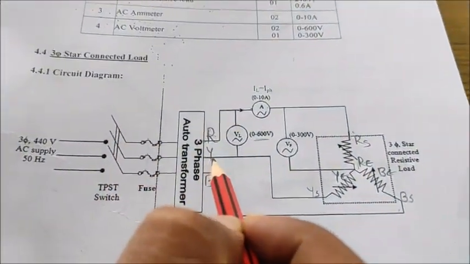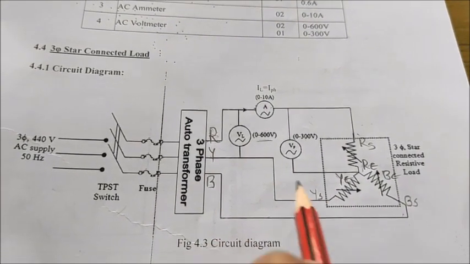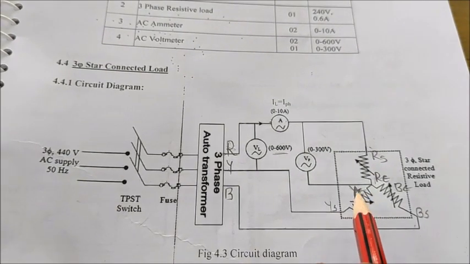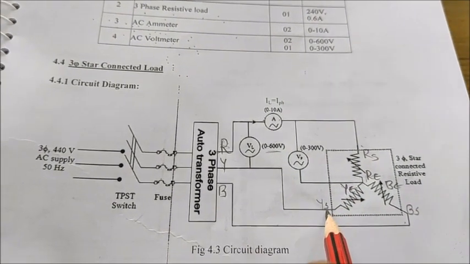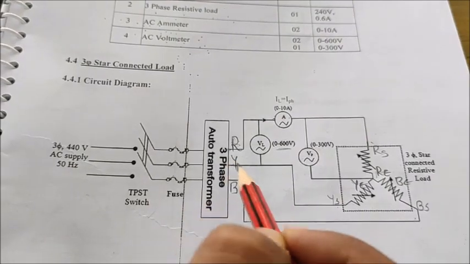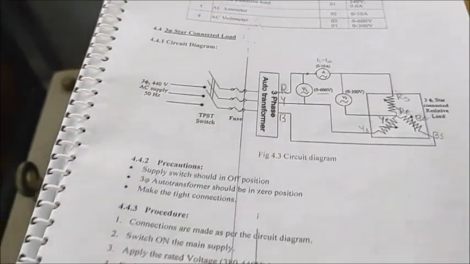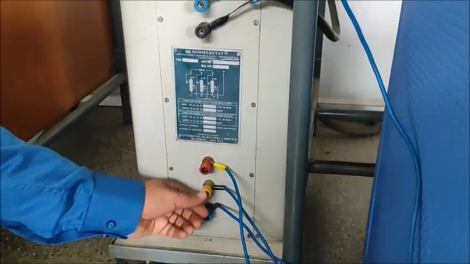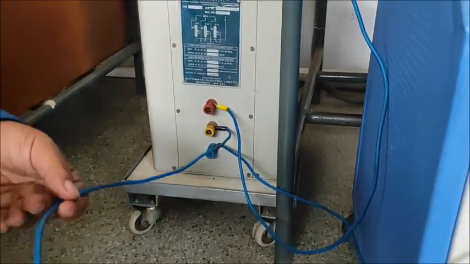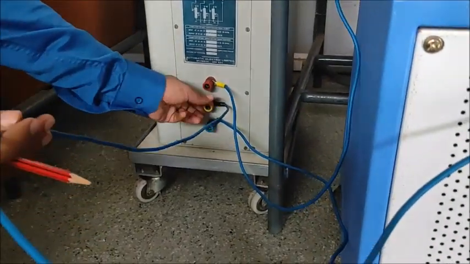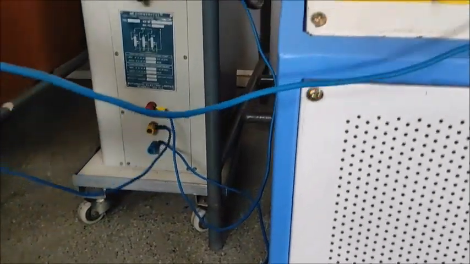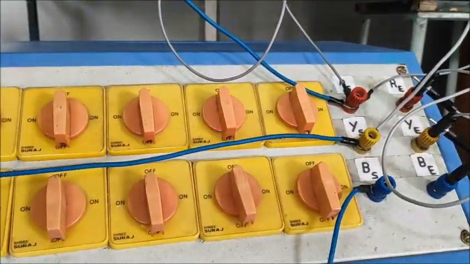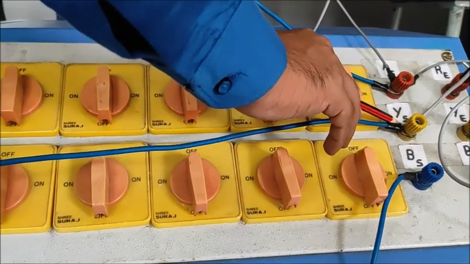It says that Y is connected to YS, that is, Y of the auto transformer is connected to YS of the load. That is a very simple connection. This is the Y terminal of the auto transformer, and we have now connected it to the YS terminal of the load. This is the second connection.